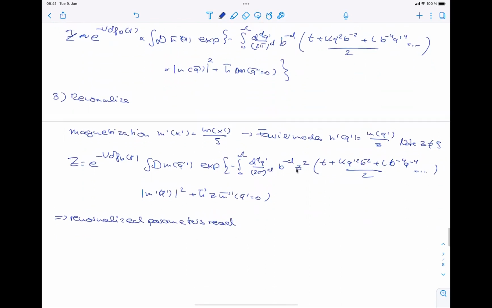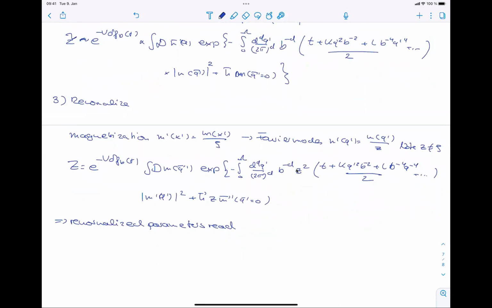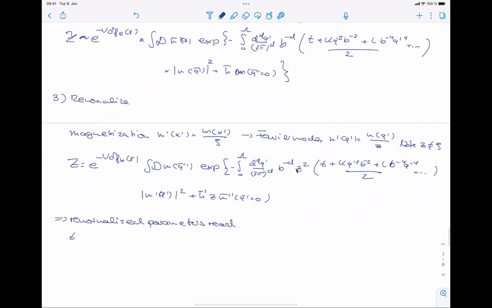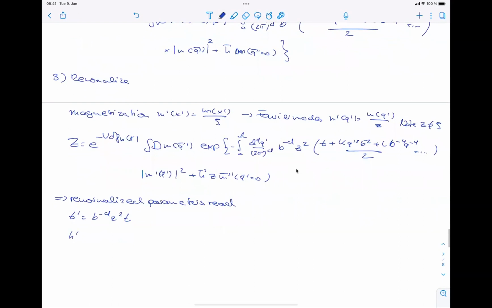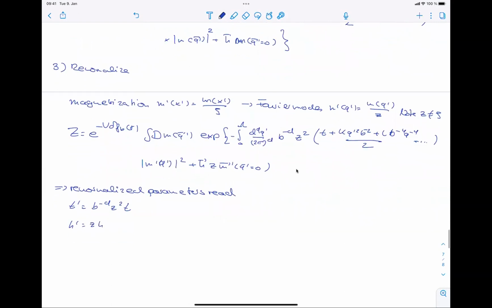My t prime is b to the minus d z squared t. My h prime is z times h.